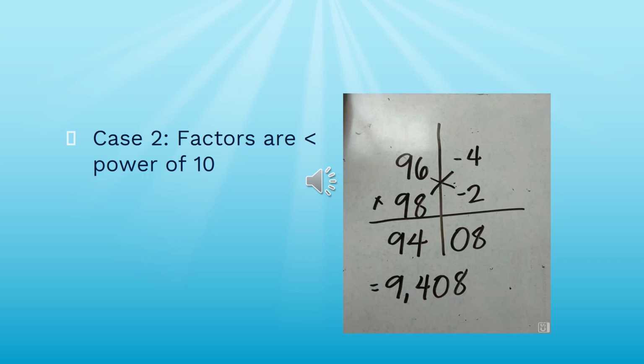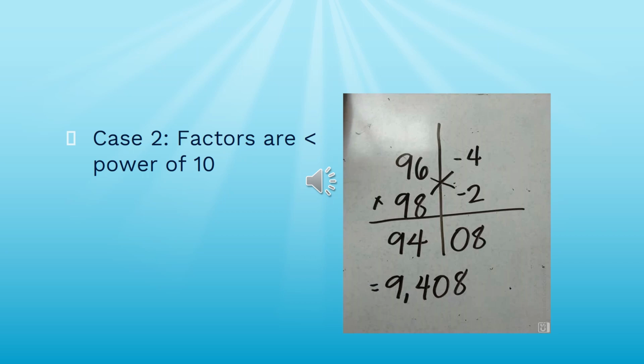The negative sign would be useful because in our next step, we will be doing the cross addition with a negative. But we can also do the cross subtraction in this case. So our first factor is 96 and we will subtract 2 because 98 is 2 away from 100.